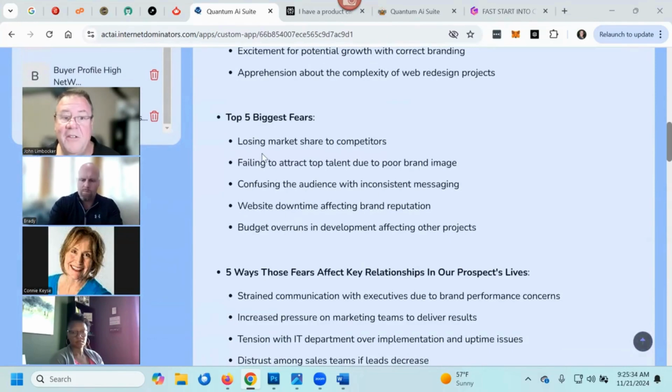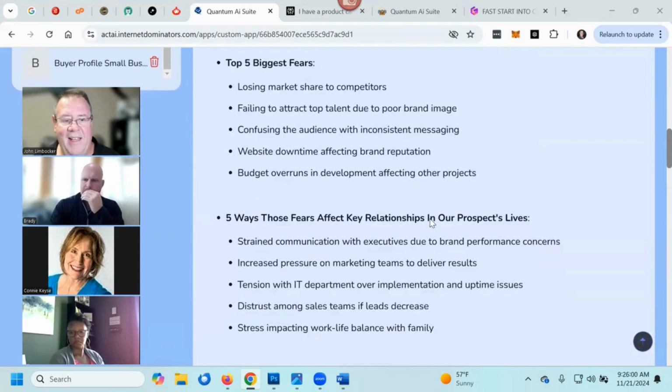All right, so here's the fears: losing market share to competitors, failing to attract top talent due to poor brand imaging, confusing the audience with inconsistent messaging, website downtime affecting brand reputation, budget overruns, development affecting other projects.